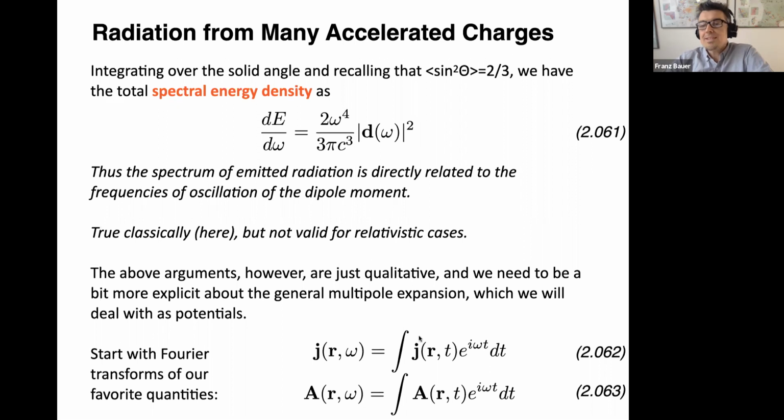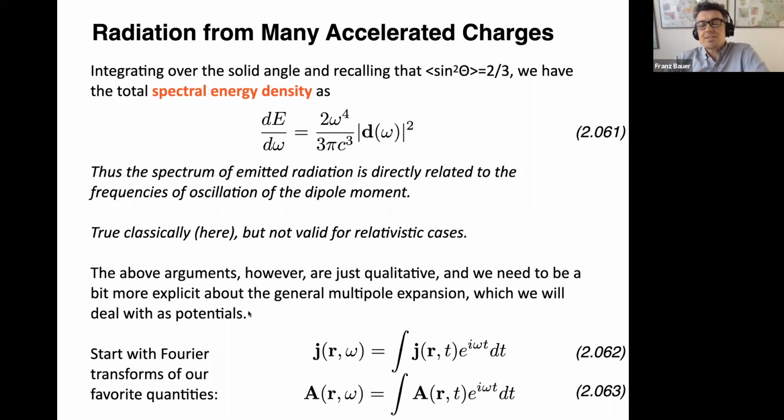And we can relate these via this complex exponential, right? So if we integrate over this, we get that. Just doing Fourier transforms between our favorite quantities. This way we can figure out the potentials as a function of frequency via the functions of time.